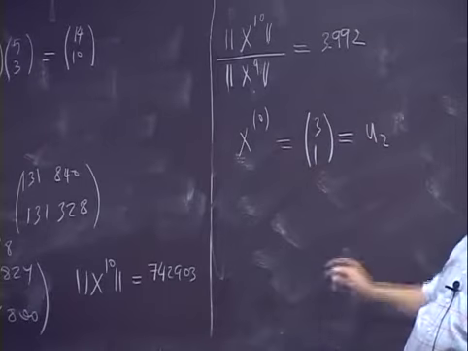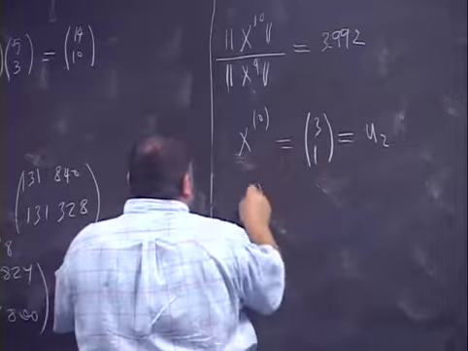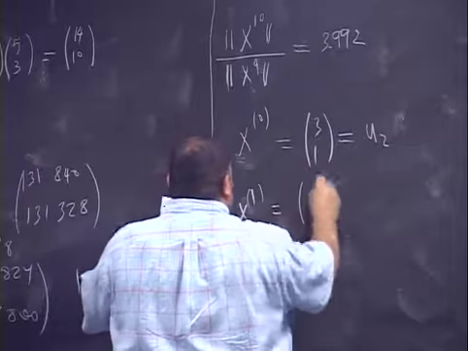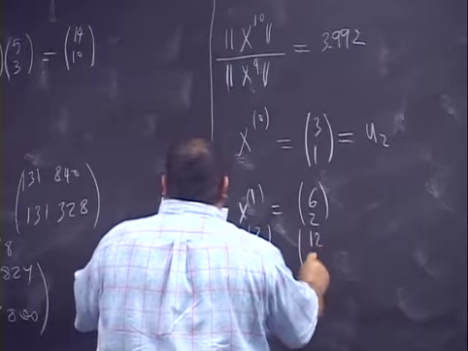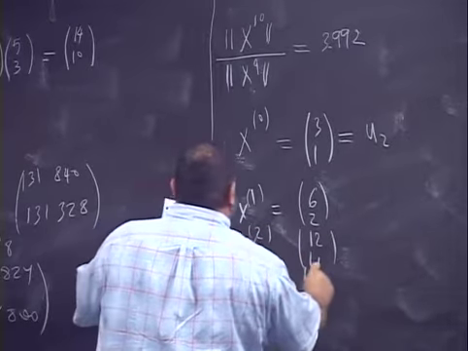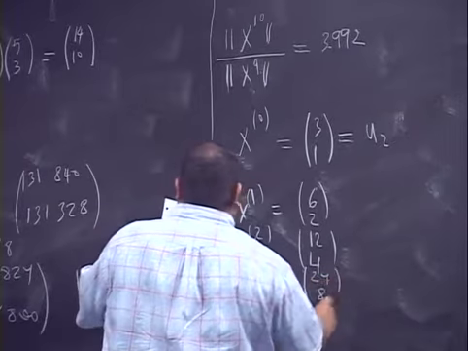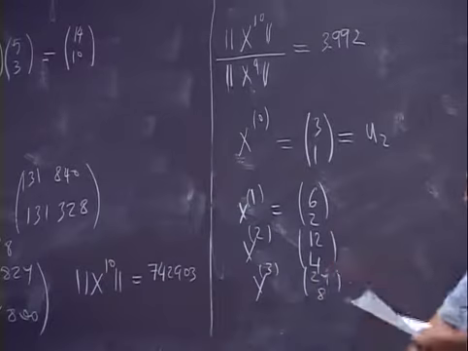It's just u1 alone. So you will note that x1 will be 6 and 2. x2 will be something like 12 and 4. And x3 will be something like 24 and 8, and so on. So you will go on.